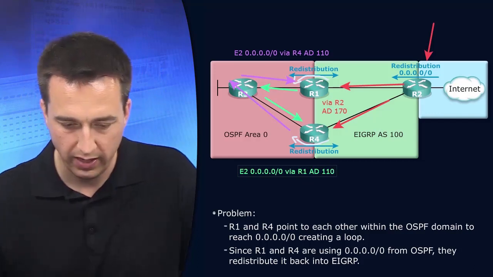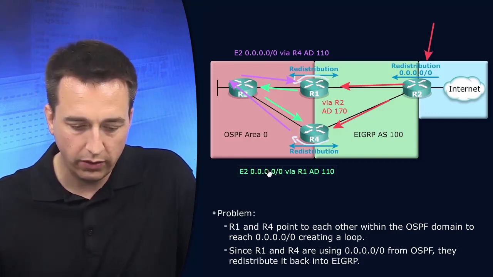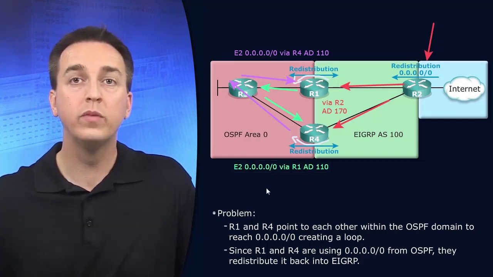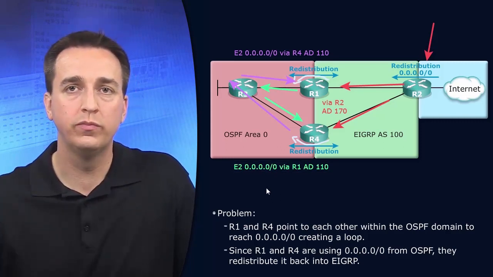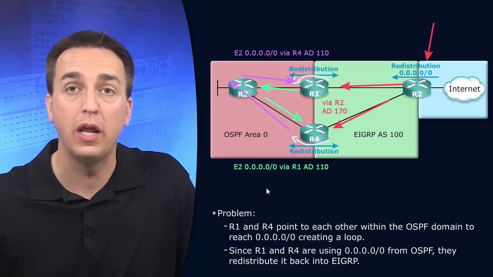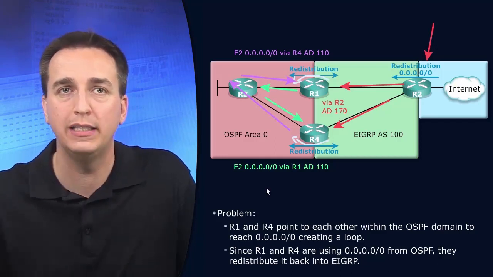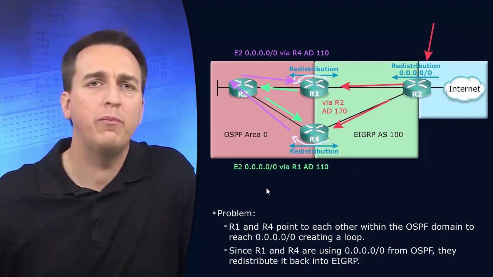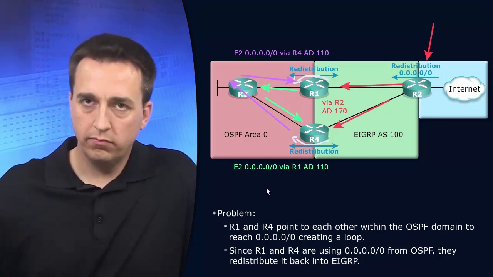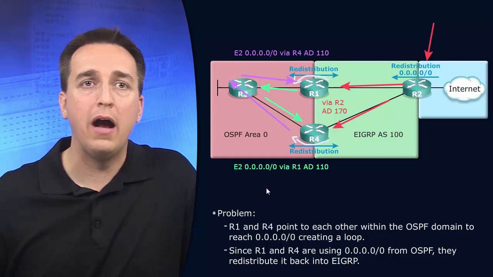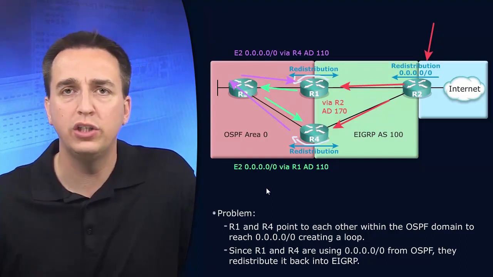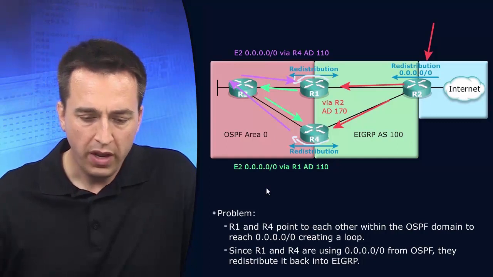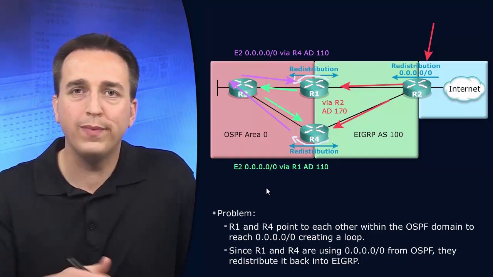So notice how I'm saying R4 and R1, because those Type 5 LSAs point to the autonomous system boundary router. That's the advertising router. So based on the Type 1 LSAs that are being flooded around our OSPF area, R1 and R4 know how to reach each other in order to do those routes. But that's not the problem here.